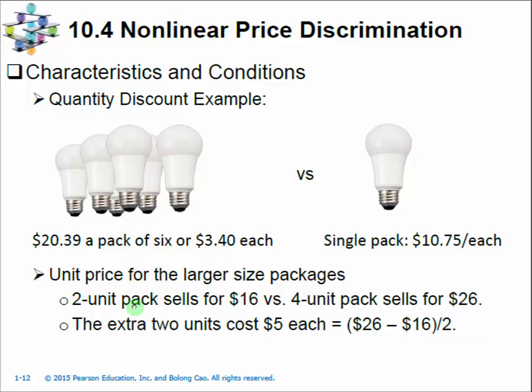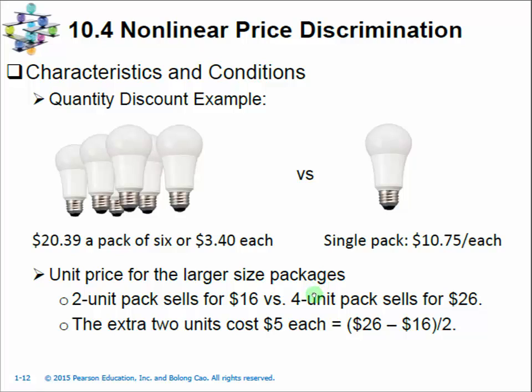Now, let's think about a simpler example. Say I have a 2-unit package that sells for $16, and another 4-unit package that sells for $26. What I'm interested in is the extra 2 units in the 4-unit pack.